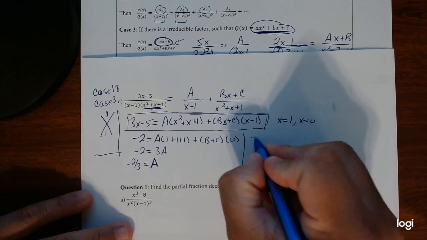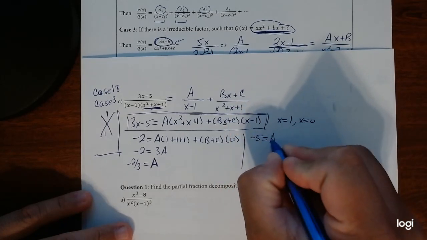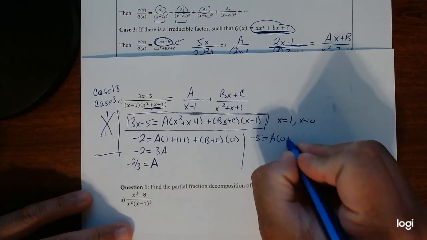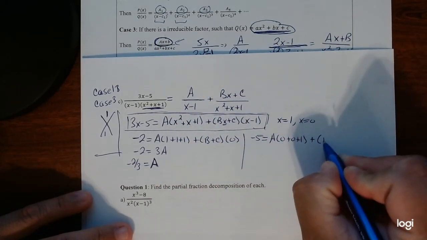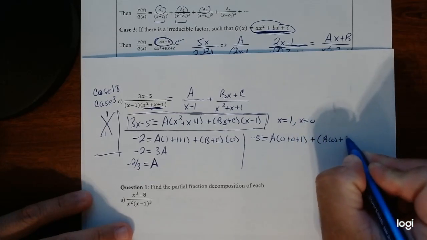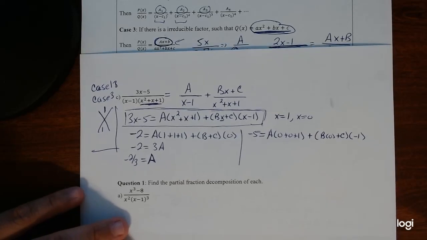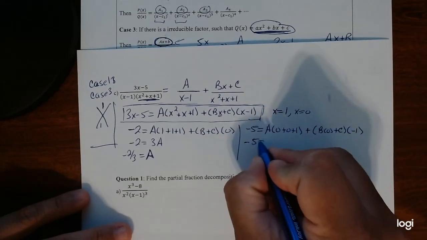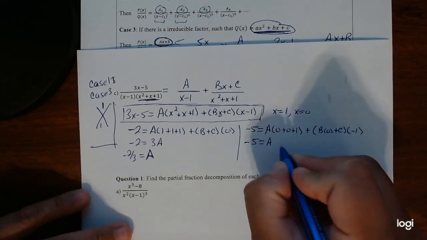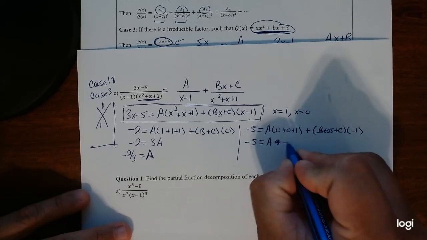That's going to be negative 5 equals a times 0 plus 0 plus 1 over here, plus b times 0 plus c times negative 1. Okay, so that's negative 5 is equal to a plus, that's gone, minus c.